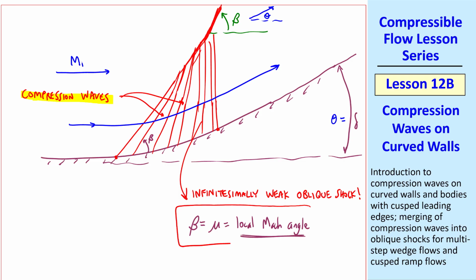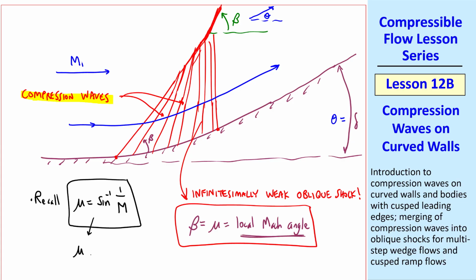And here it's the local Mach number, since Mach number decreases as we pass through all these compression waves. But recall that mu is the arcsine of 1 over Mach number. So mu, the Mach angle, goes up as Mach number itself goes down, since Mach number is in the denominator. So mu keeps increasing as we go through the compression wave.